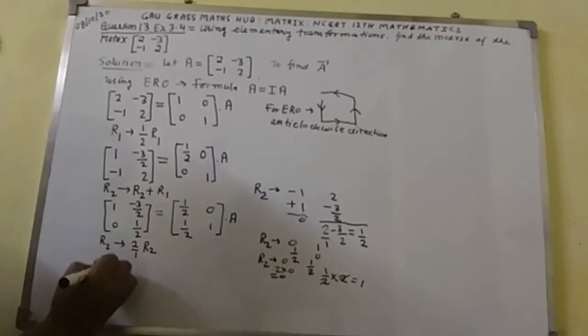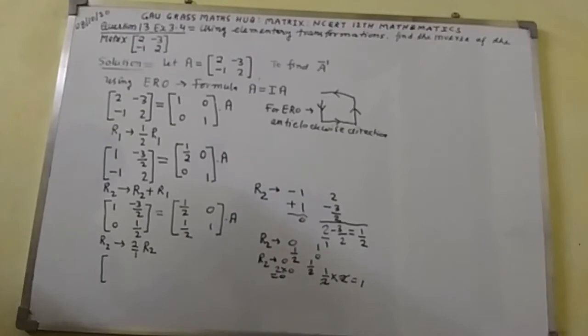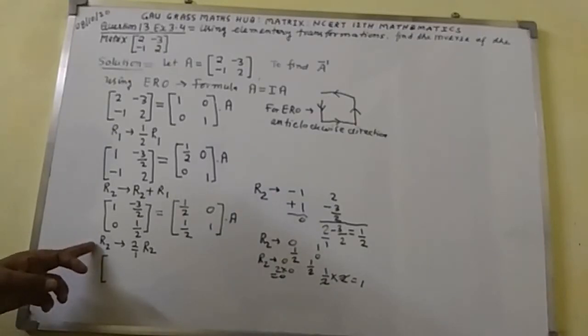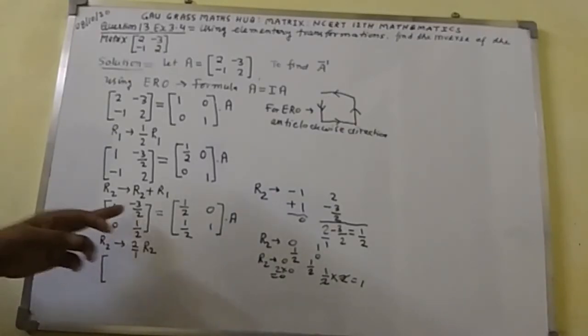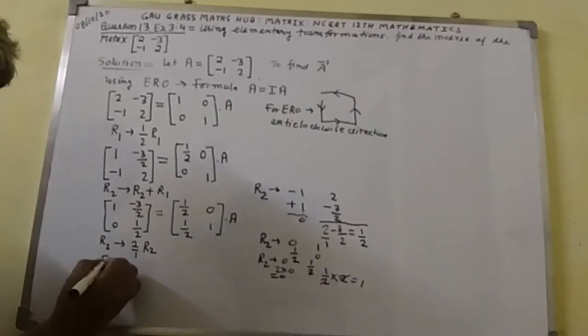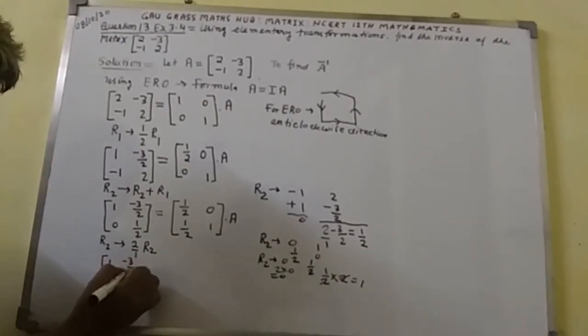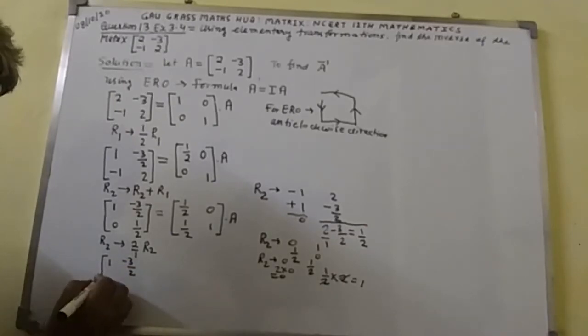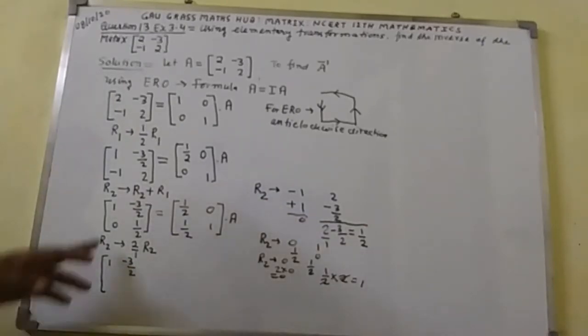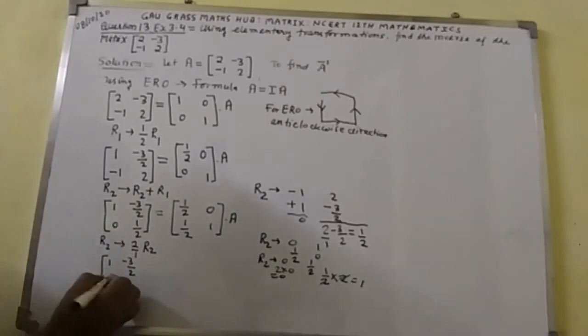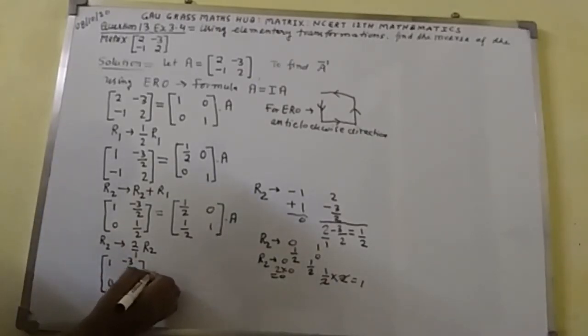So here this matrix will become: there is no change in the elements of the first row. So here I shall write the first row as it is, 1, minus 3 over 2. And in the second row here it will become 0, and here you will get 1. Equal to.